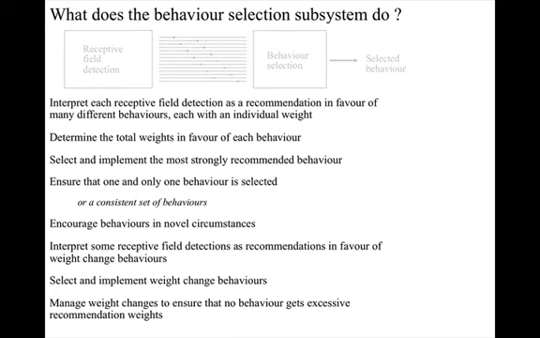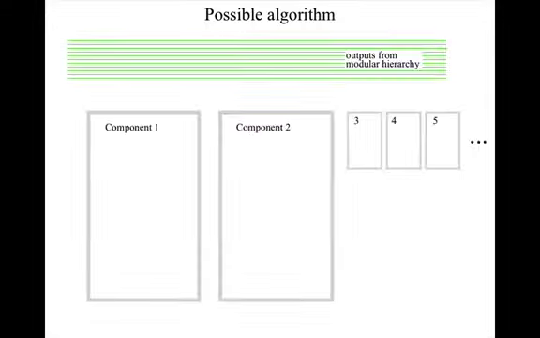So what we've got here is a list of detailed functions that the behavior selection subsystem has to carry out. So let's think about the types of algorithms that could achieve all that. As discussed earlier, the competition subsystem must have a range of components corresponding with different behaviors.